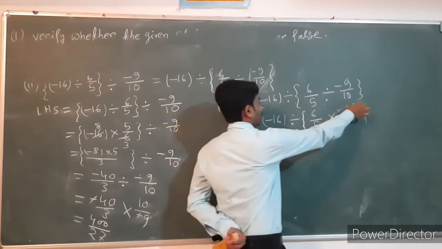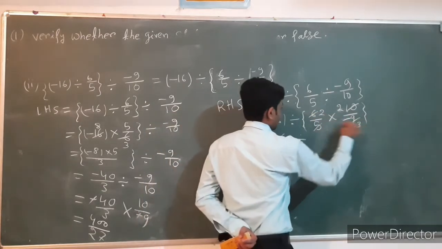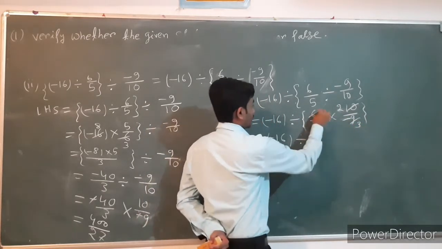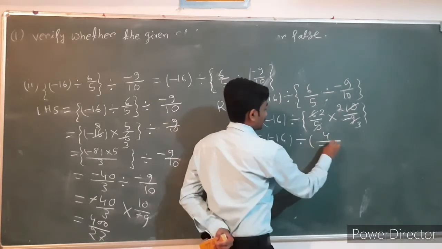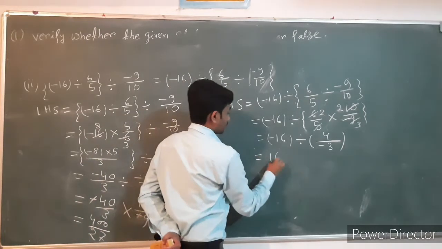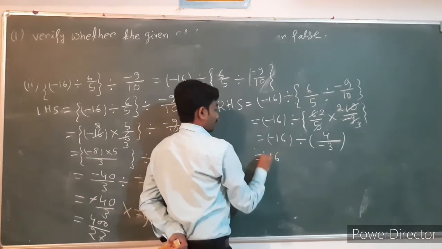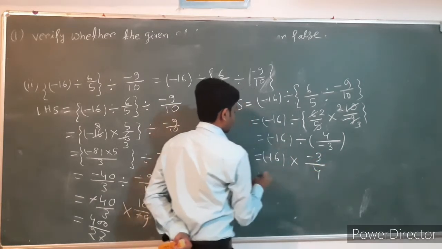So 5 to 10, 3 to 6, 3 3 9. So product of numerator 4 upon denominator 3, minus 16 multiplied by minus 3 upon 4.